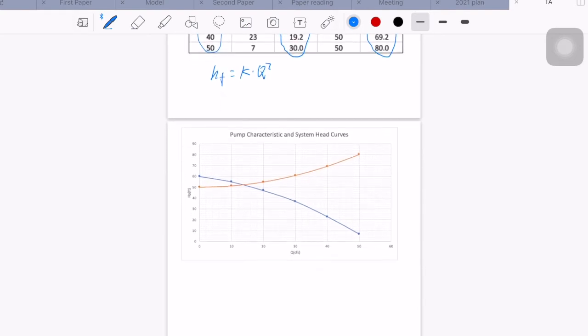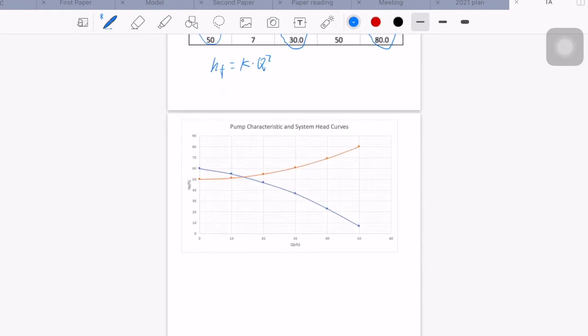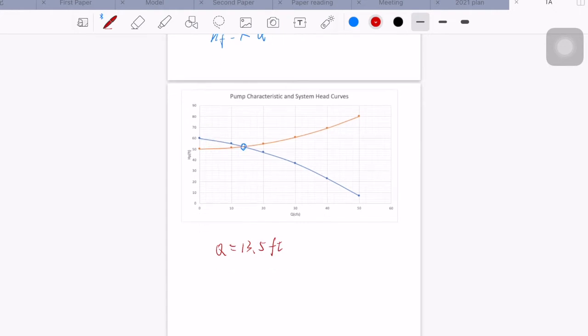So we can find that the intersection of the pump characteristics curve and the system curve is approximately at Q equals 30.5 feet, and the H_P equals 15.2 feet.